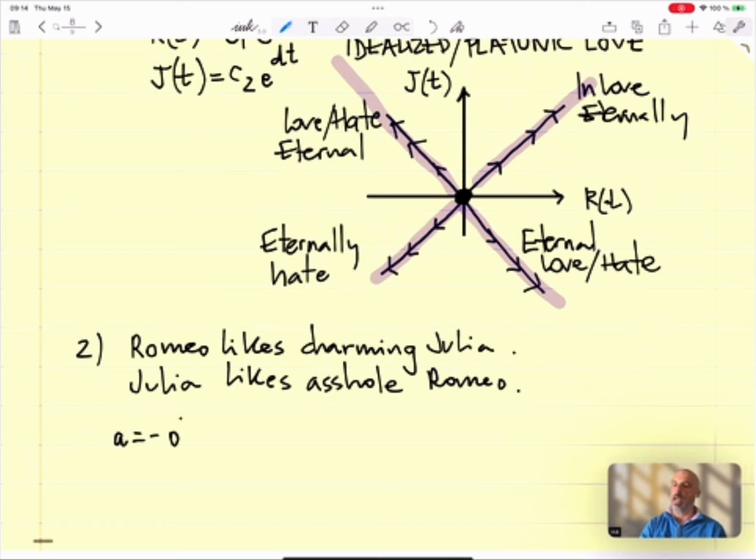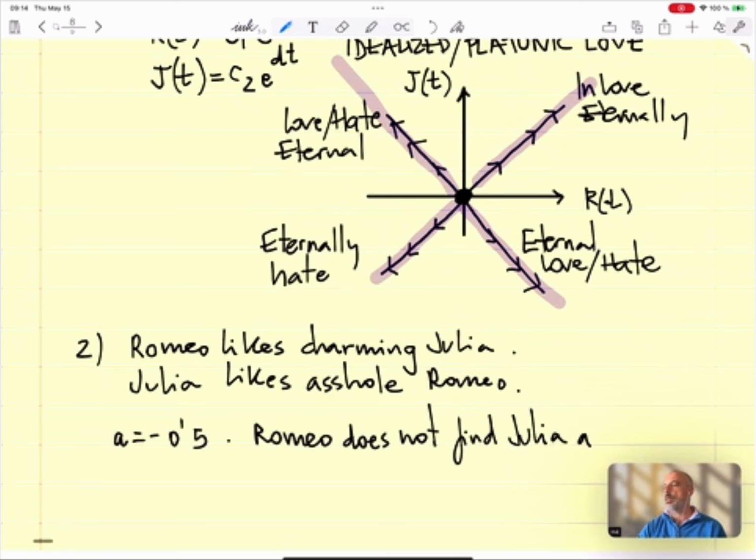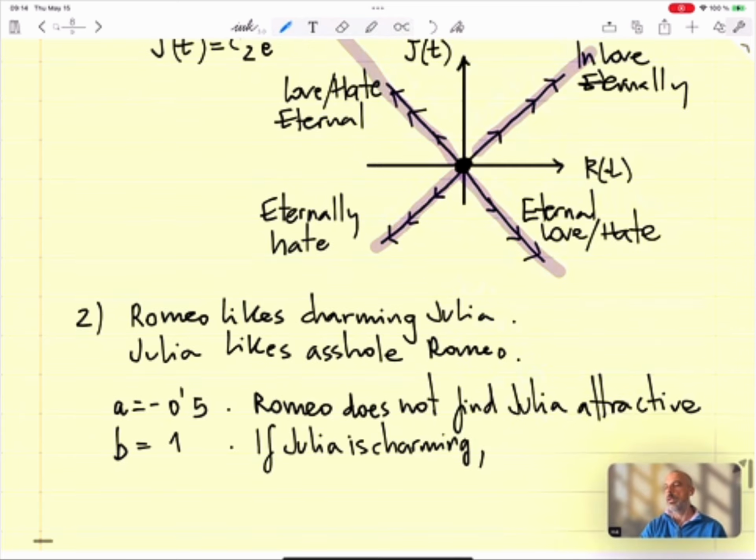So A is minus 0.5. Romeo does not find Julia attractive. Okay? But B is 1. So if Julia is charming, Romeo falls in love.